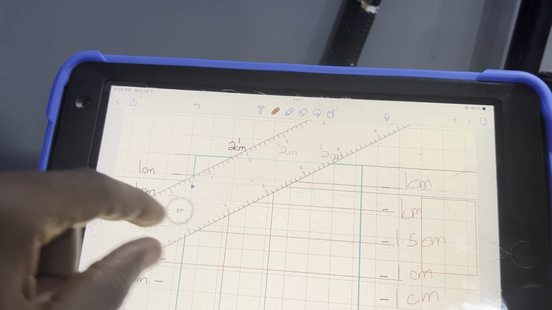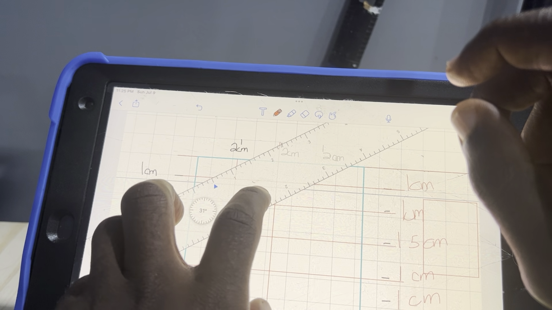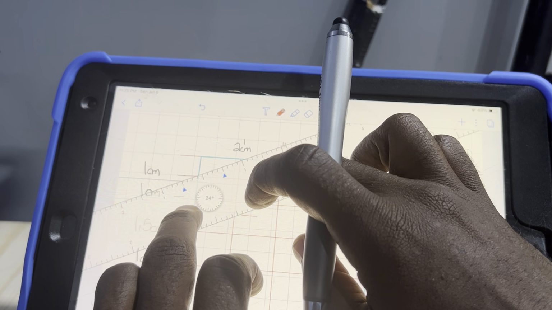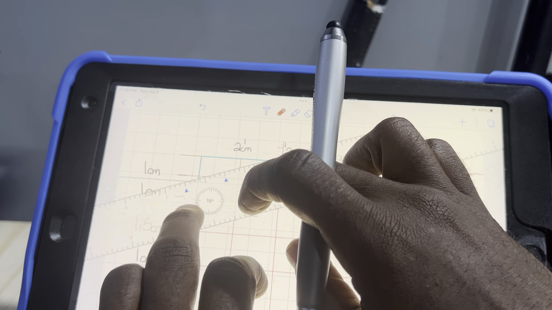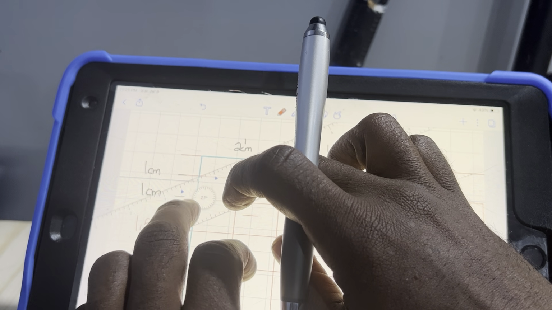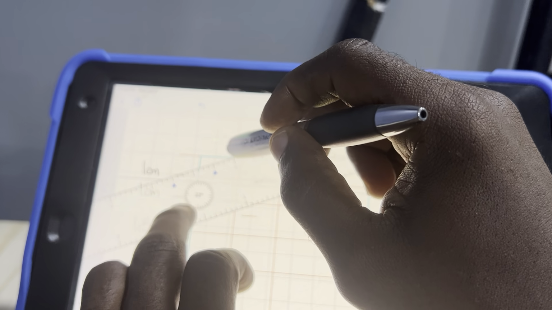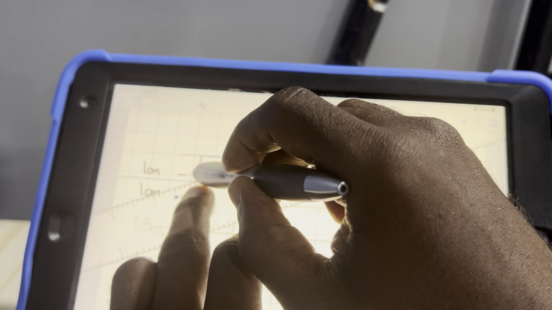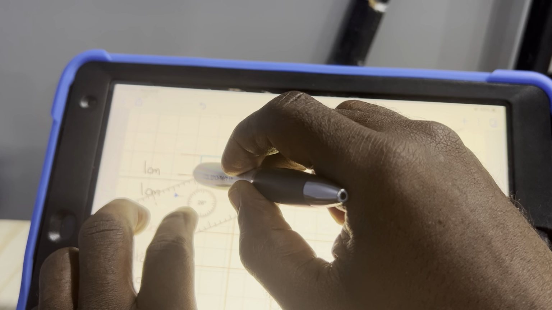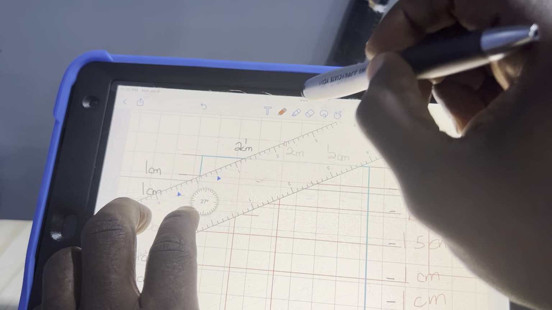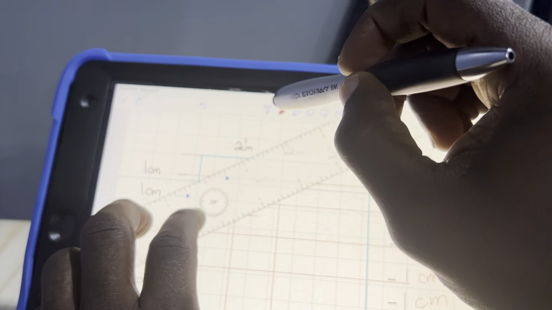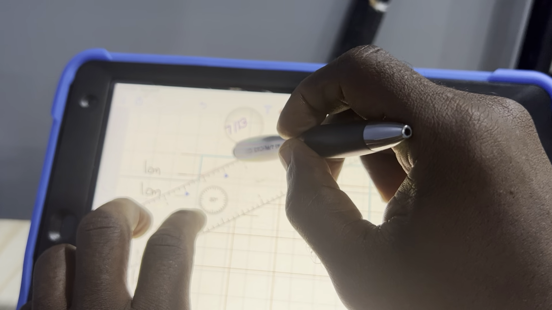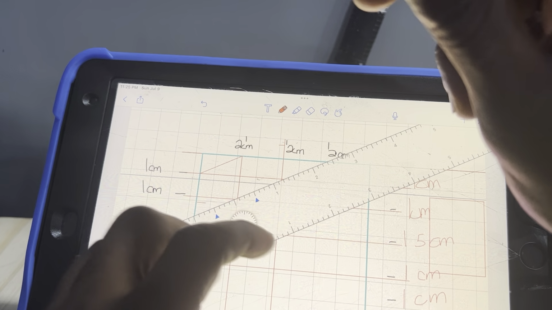We take our one centimeter and we connect it to our, there we go, right?